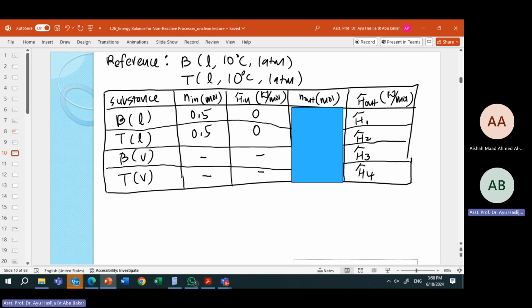Remember to list down all substances for each phase. Benzene for liquid, benzene for vapor.